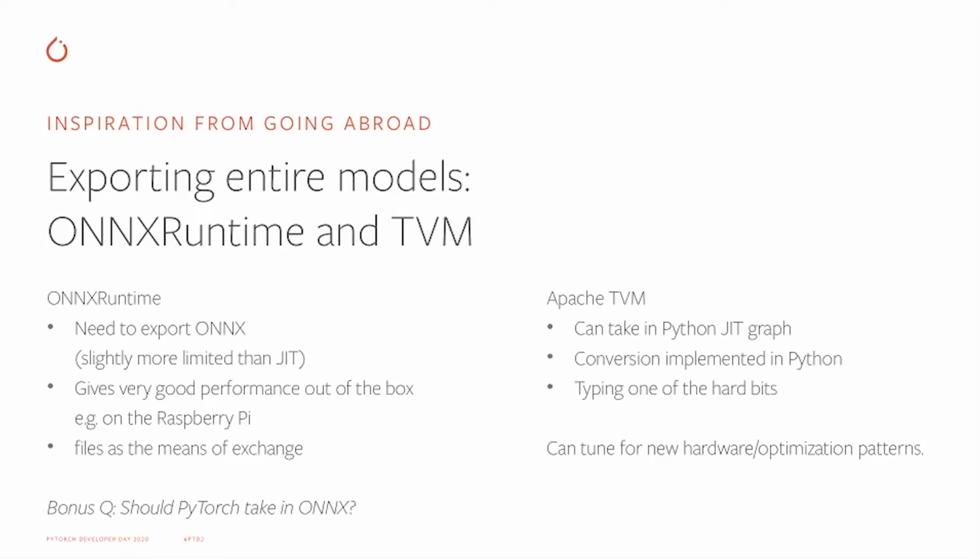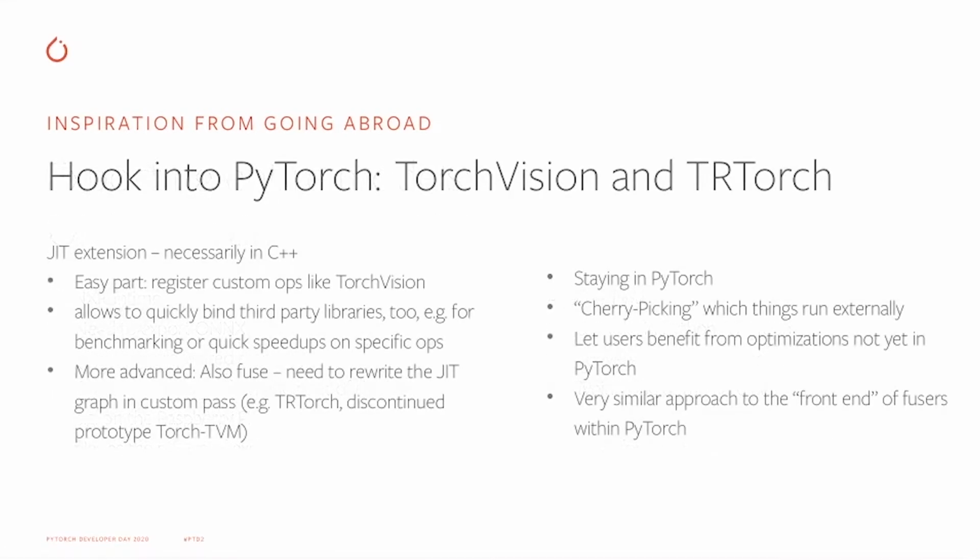And there, one of the hard bits is getting the types of all the intermediate results exactly right. But then you can tune this for new hardware and optimization patterns, which is one of the purposes of Apache TVM, with great ease, and you have access to the latest and greatest of these automatic optimizations.